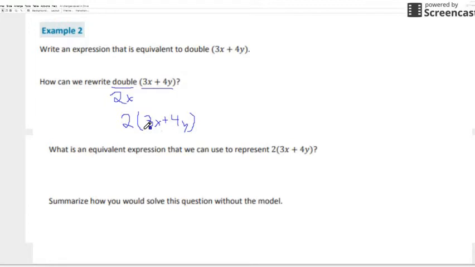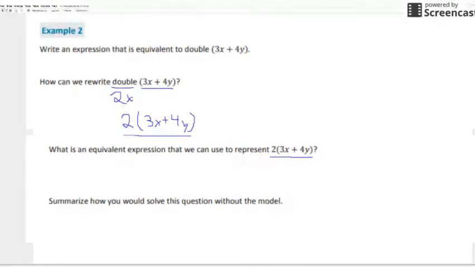Now we could have written this twice, 3x plus 4y plus 3x plus 4y, or double really just means to multiply by 2. It says, what is an equivalent expression that we can write to represent 2 times 3x plus 4y?